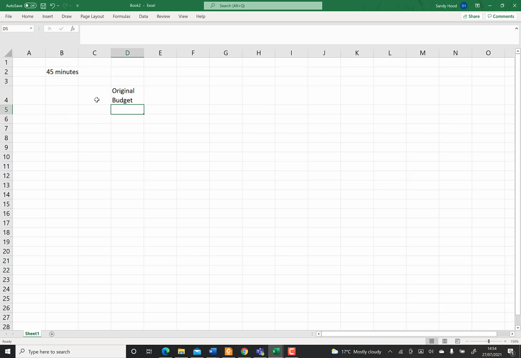I've given myself 3 blank columns just because I want to have room to put in all sorts of things in the margin, as it were. I then have the actual sales and then the actual price.